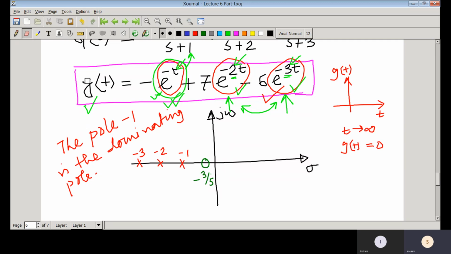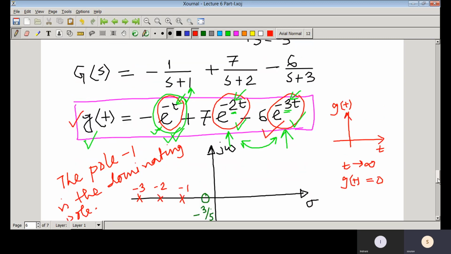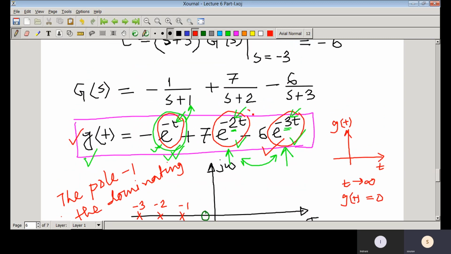If you look at that g(t), you will see that the second and third terms, e to the power -2t and e to the power -3t, are associated with the poles -2 and -3.